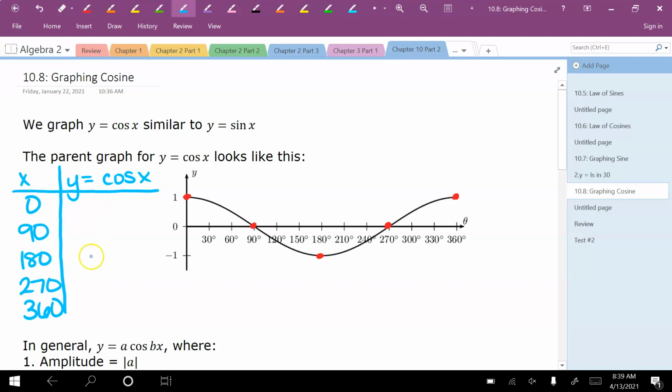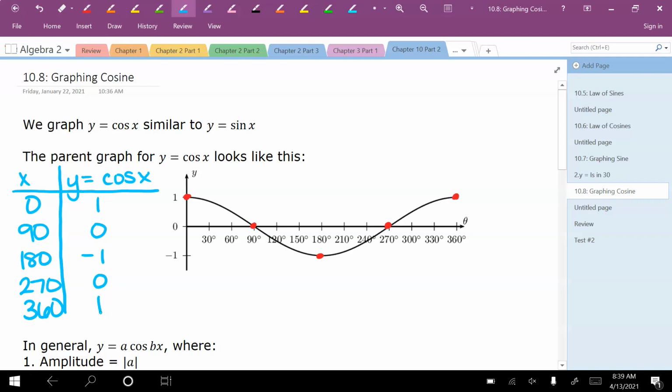But remember, sine went 0, 1, 0, -1, 0. This one starts at 1, then 0, -1, 0, and back up at 1. So the y values are a little bit different because, like I said, this whole graph has kind of shifted over. In order to find everything to graph, it's the exact same as what we did yesterday for sine.